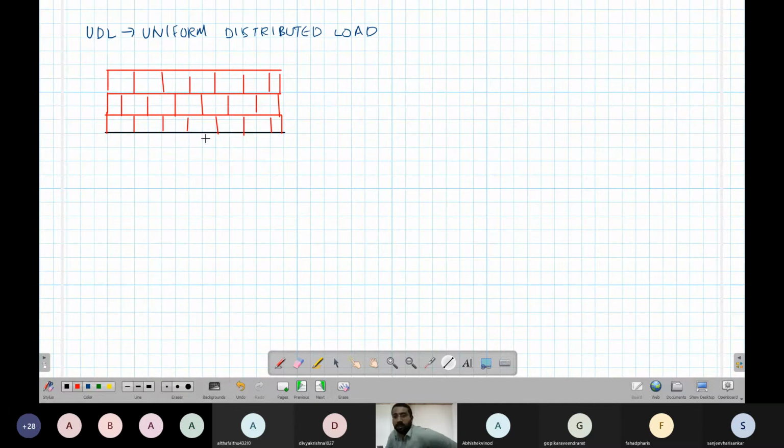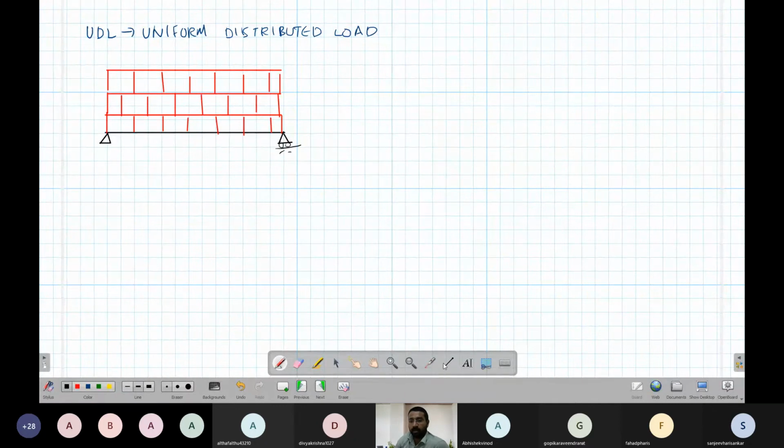Okay, something like that. Let's say this is a simply supported beam. Okay, there is load everywhere on this. Okay, this is another phenomenon.